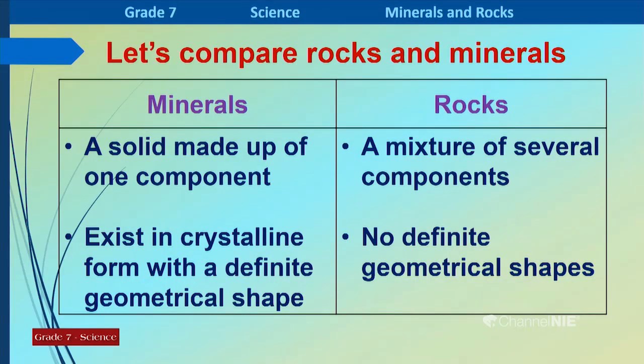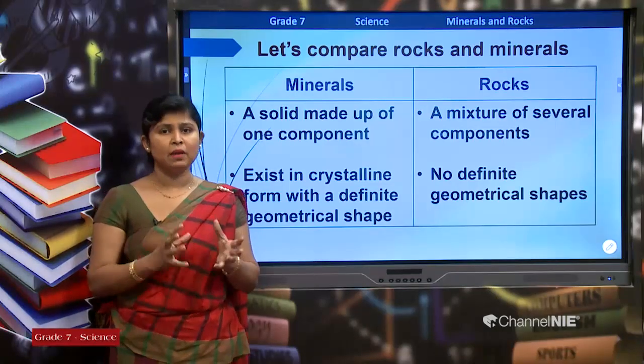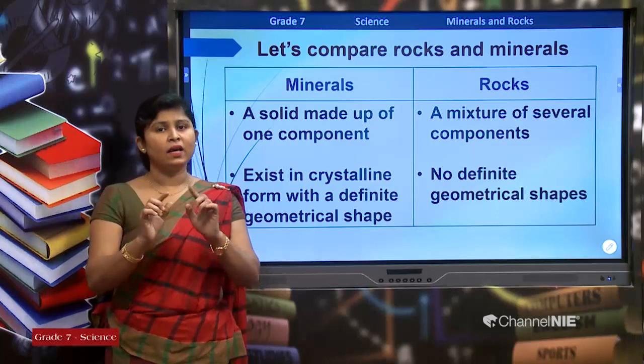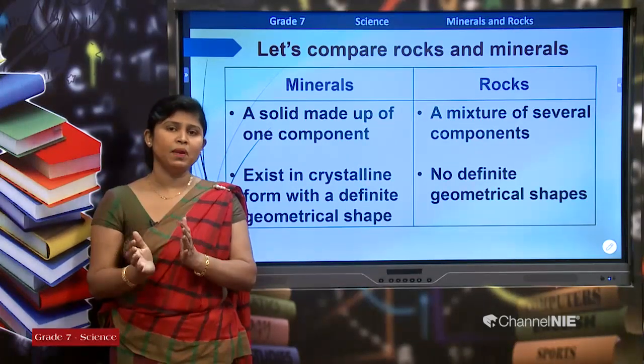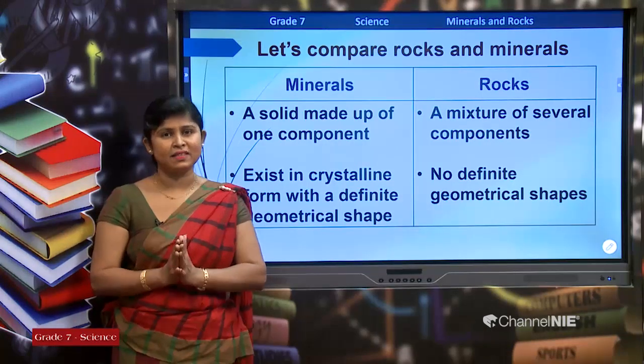But when we think about the rocks, it is different. The rocks do not have a definite geometrical shape, right. I think you all can compare the rocks and minerals using a table like this. You can copy the table in your writing book and then you can compare them alone after the lesson, right.